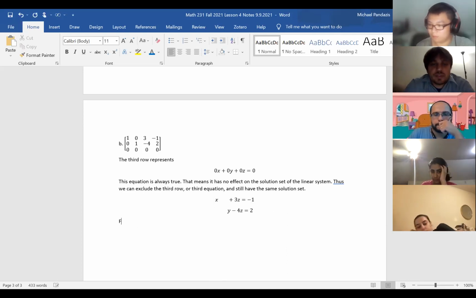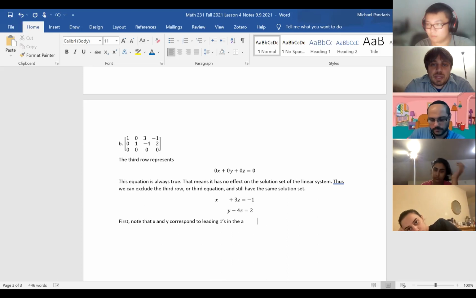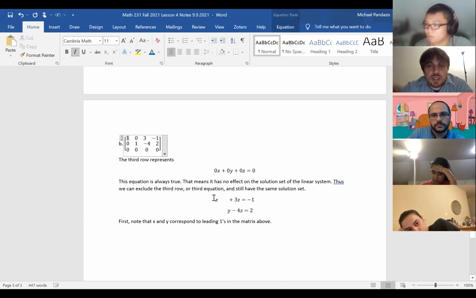So first, note that x and y correspond to leading ones in the augmented matrix above it. This one corresponds with x, and this one corresponds with y, but they're not just ones, they're leading ones.